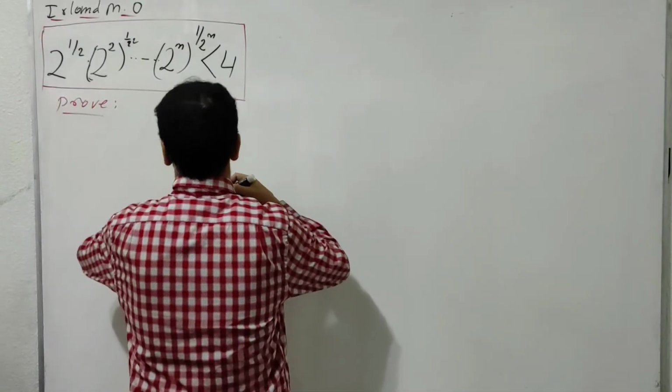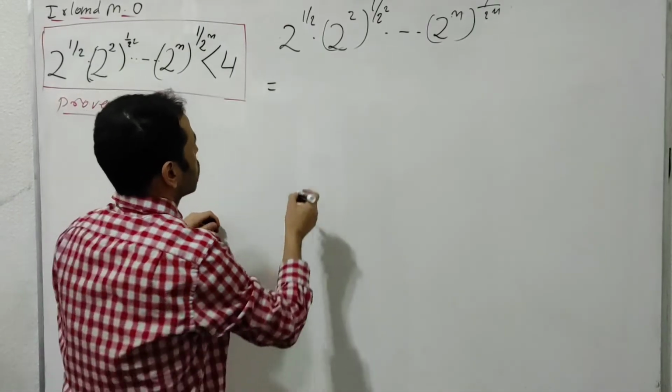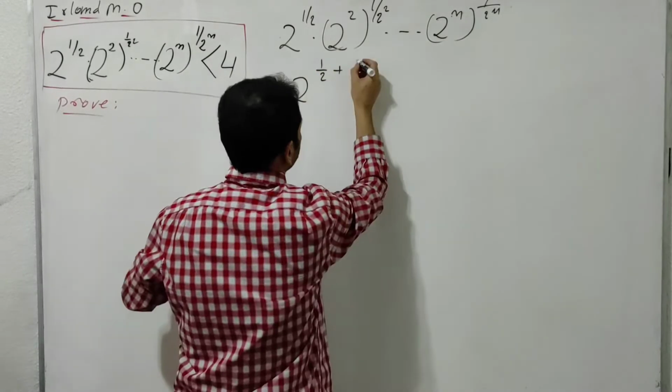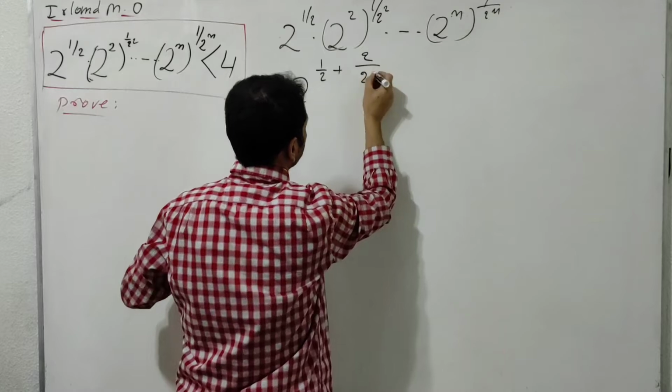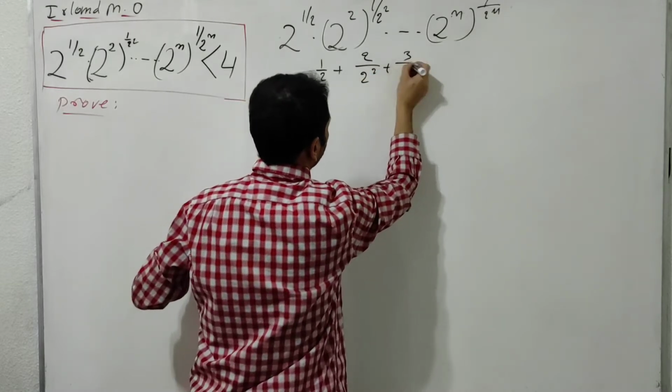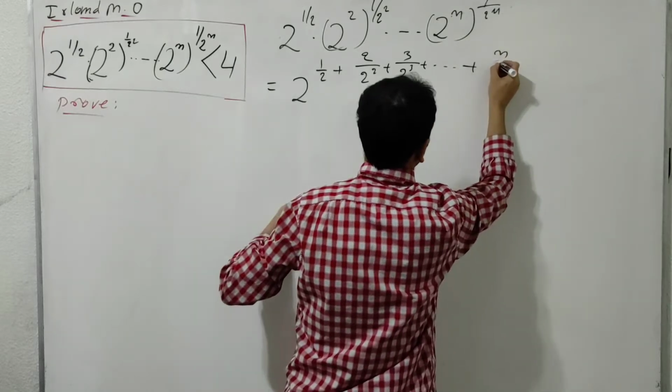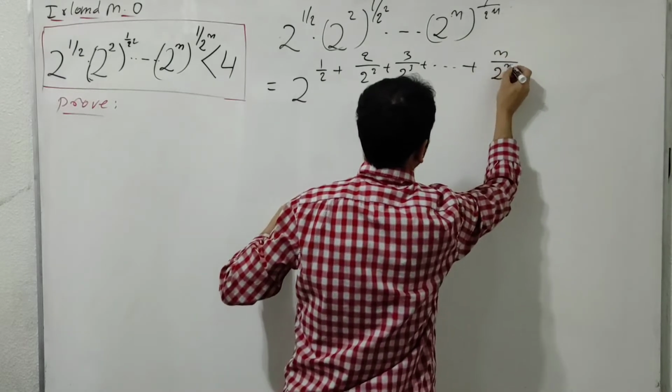So I have this inequality. Let me write it in this form: 2^(1/2 + 2/2^2 + 3/2^3 + ... + n/2^n).